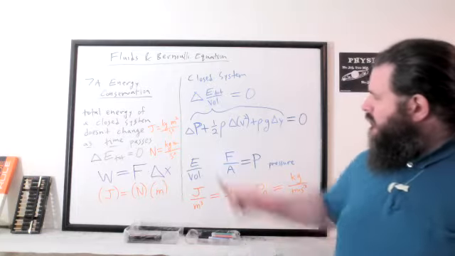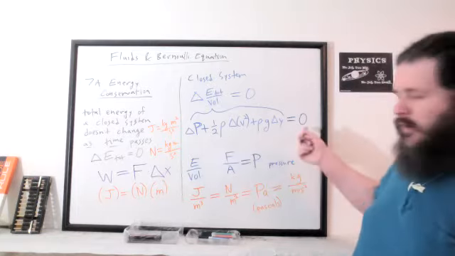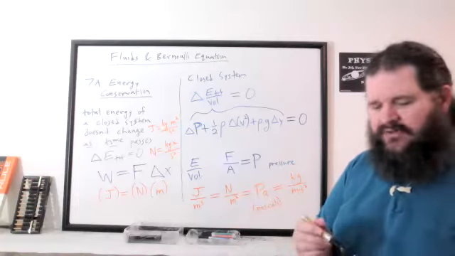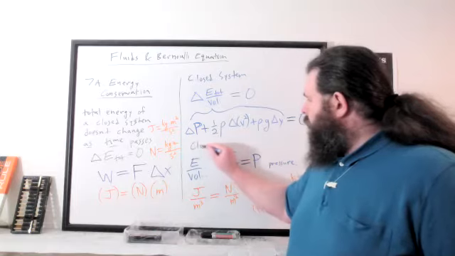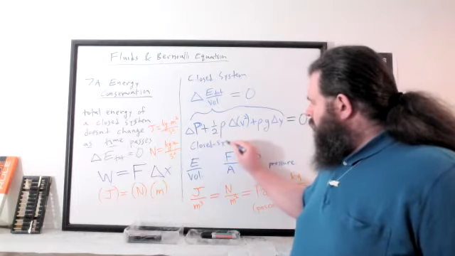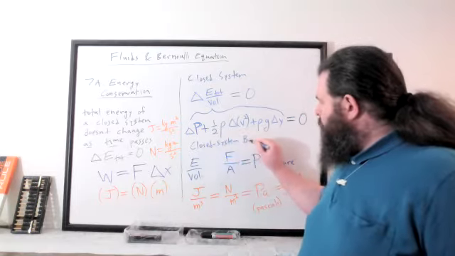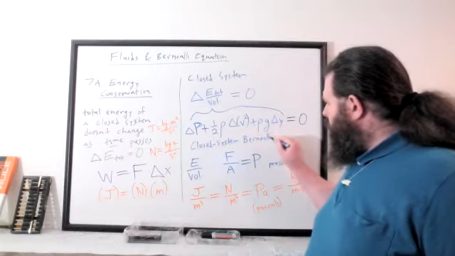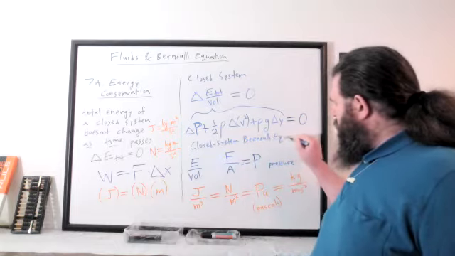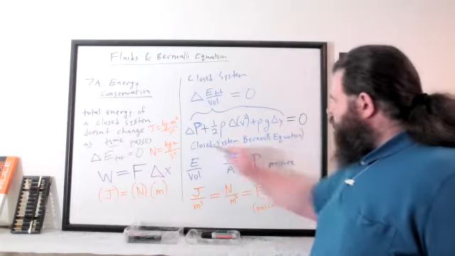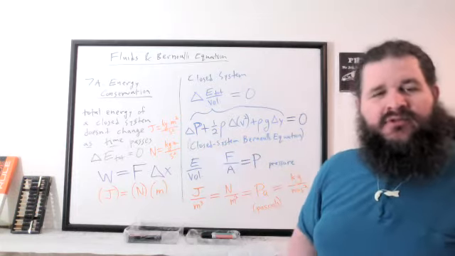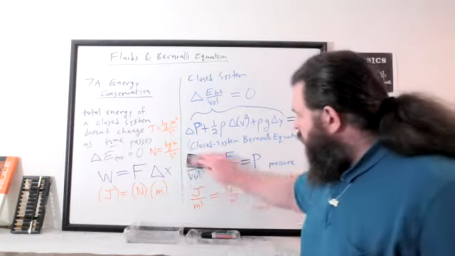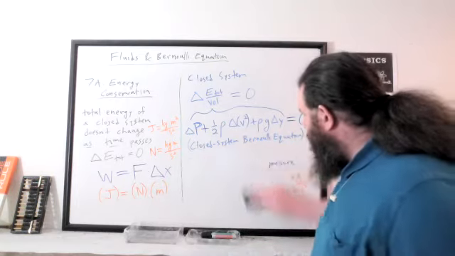All right, so this is the Bernoulli equation for a closed system, if there's no heat or work entering or leaving the system. And I think we can get some conceptual applications out of this right away before we even add any more detail here.